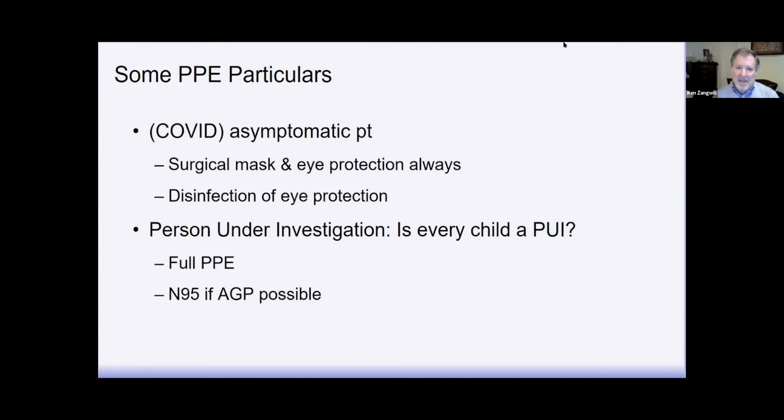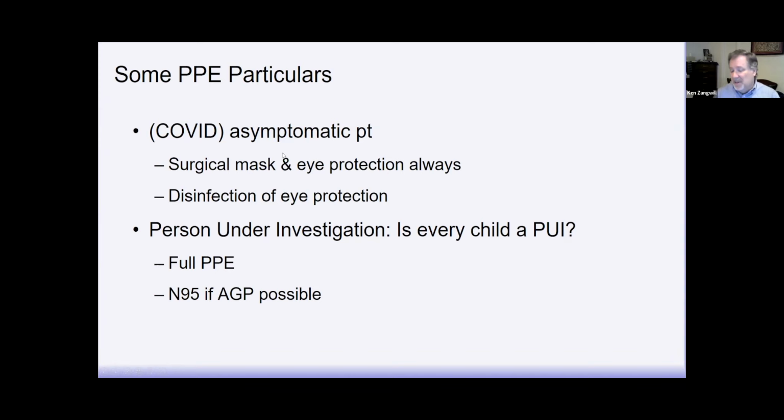So the PPE issues. Now, look, you all know a lot about PPE. I'm not here to tell you about stuff you already know. I'd like to try to point out a few things that might have some practical significance, I hope. So when you're seeing patients, you have potentially a kid in there who has no COVID symptoms at all, of course. They're here for whatever they're here for, chronic management of congenital heart disease or something, whatever it might be. I've not seen a survey anywhere about what pediatricians are doing for those kinds of patients.